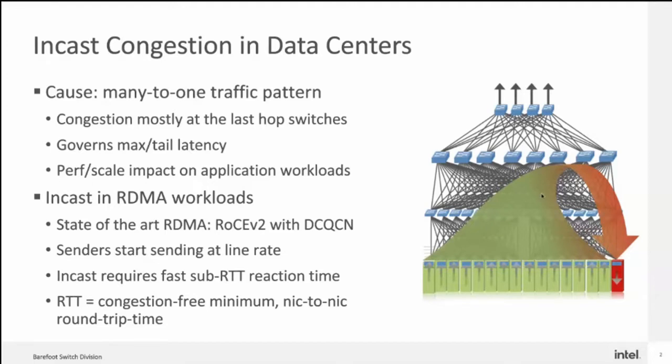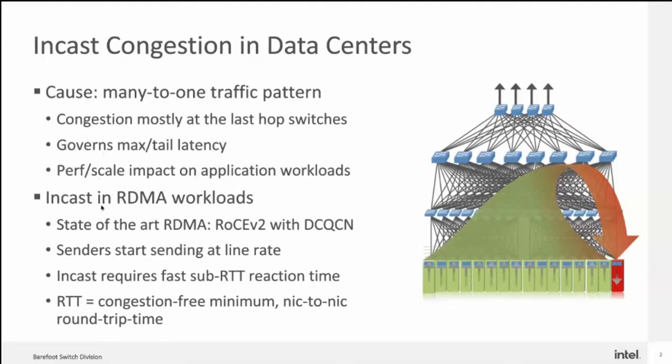And this congestion usually happens at the last hop switch before the receiver, so the last top of rack switch usually. And the congestion can have a big impact on the tail latency of such traffic. And this in turn has a big impact on the performance of the application workload and the potential scale you can run an application at.